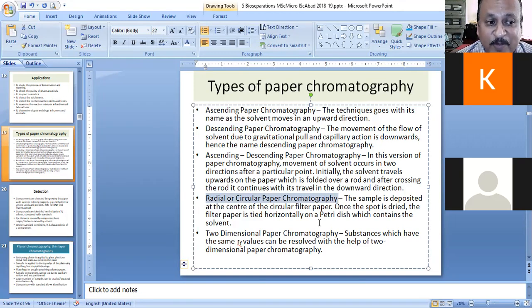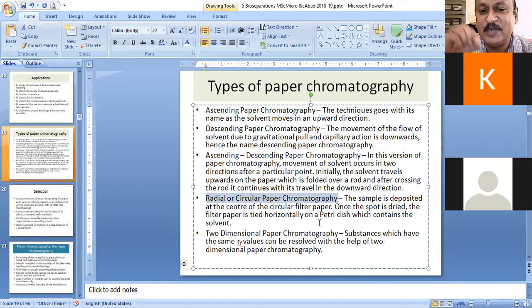The sharpness will be more, because instead of getting a round spot, sometimes the spot may not be exactly spherical. So we can get a whole zone. You get a sharper line in case of radial chromatography, and therefore for calculation purposes it is better.